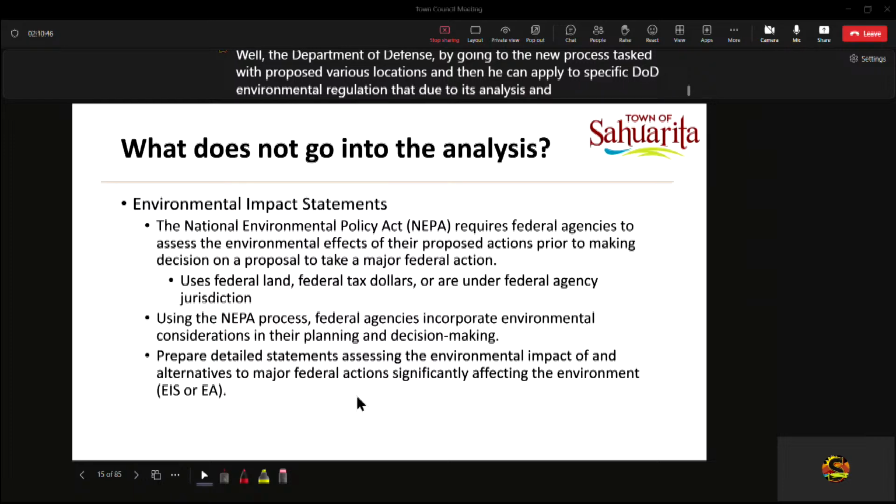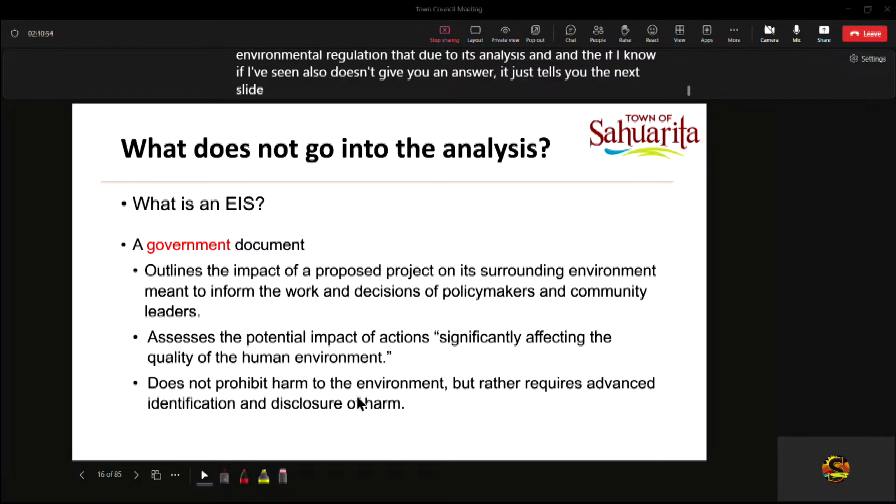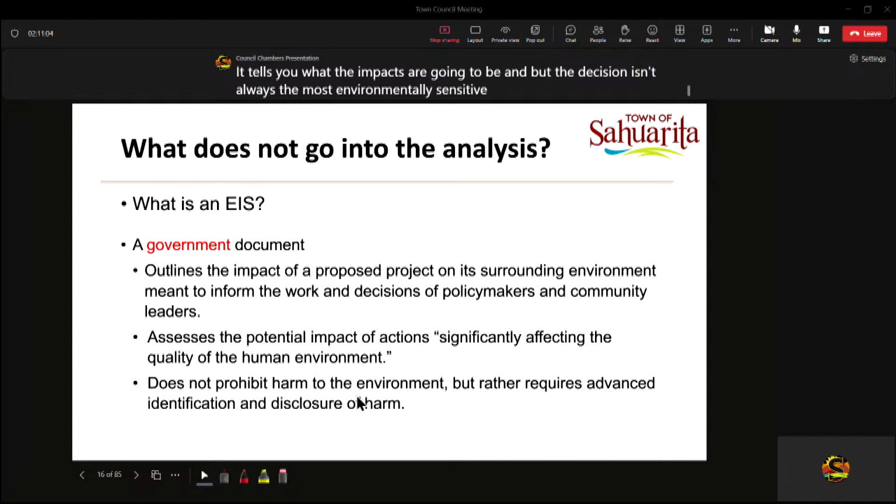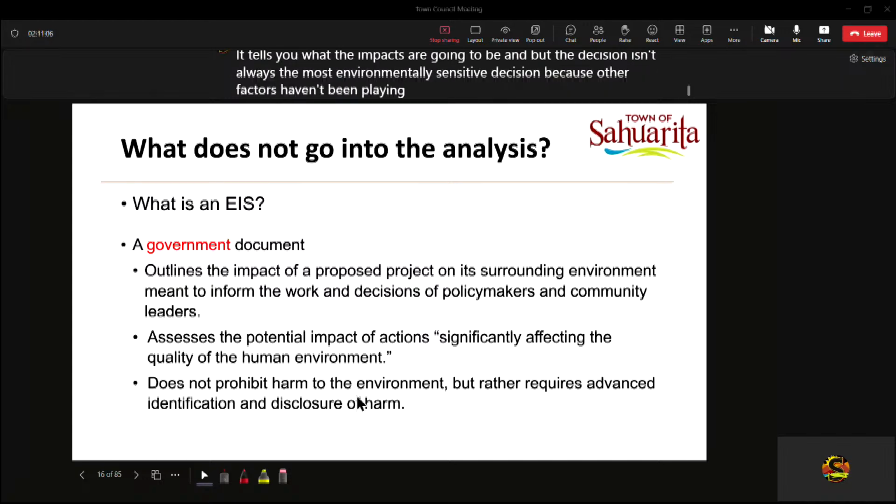And the environmental impact statement also doesn't give you an answer. If you go to the next slide, it tells you what the impacts are going to be. But the decision isn't always the most environmentally sensitive decision because other factors come into play, like money.